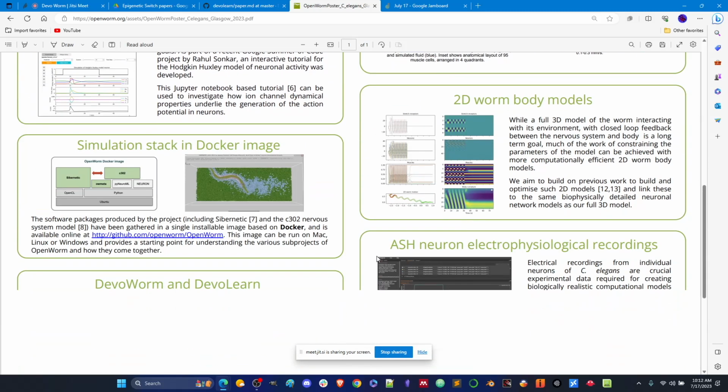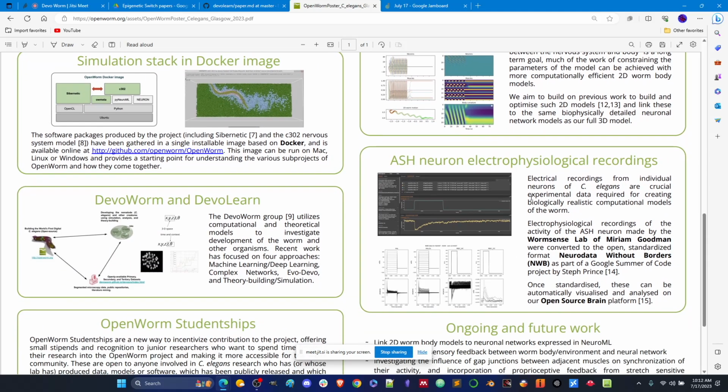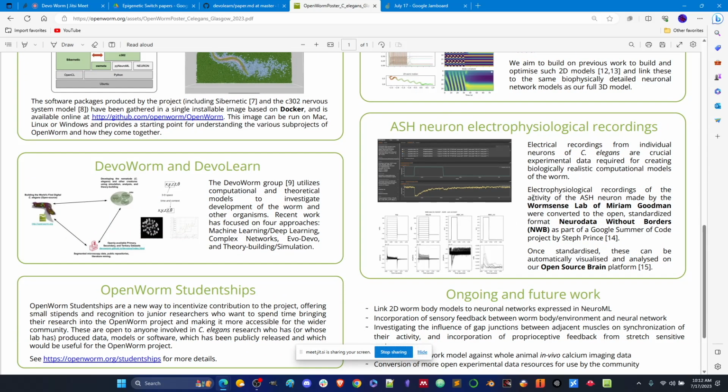So we have worm body models. We have electrophysiological recordings for different cells. In C. elegans, all the cells, including the connectome cells, have an identity, so those are all identifiable. And then we also have single cell data for a lot of things. This is electrophysiological recordings from the ASH neuron. So we have a specific neuron we can record from. That neuron, we know the connections to other neurons, we can record from those.